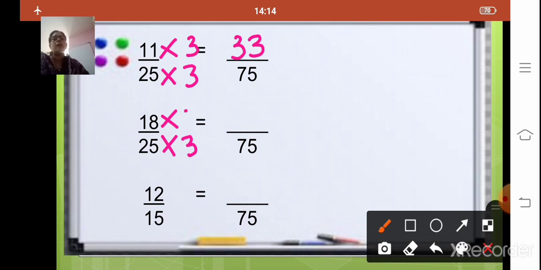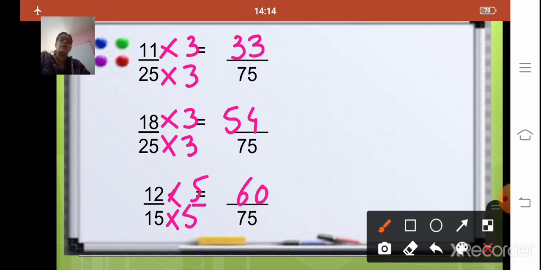So 18 multiplied by 3, 54 upon 75. Now again 15, how many times 75? 5s are, and 12 into 5 is 60 upon 75. Again all the fractions are like fractions, the denominators are same.